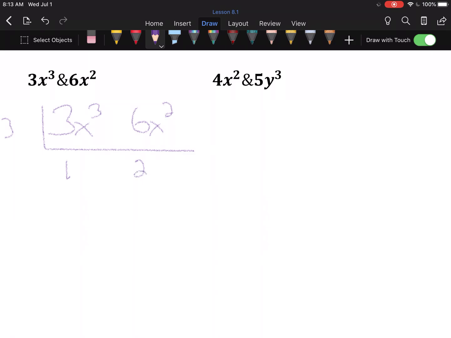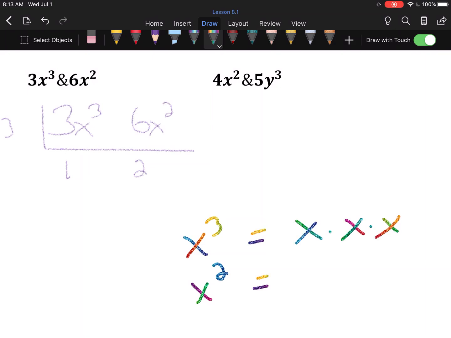When we talk about x cubed and x squared, and we're just going to do a little sidebar down here, that's really x times x times x and x times x, which means this bit right here they have in common. They share x times x, which means x squared is common.